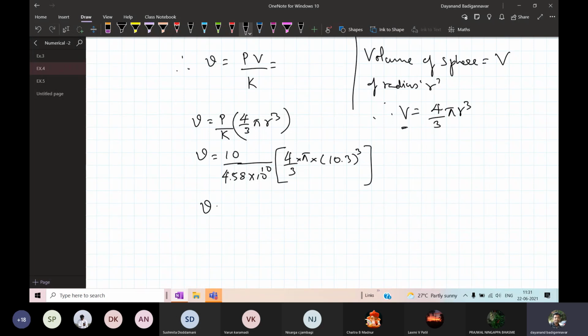If I do the calculation, it will be 9.99 into 10 to the power of minus 7 meter cube.